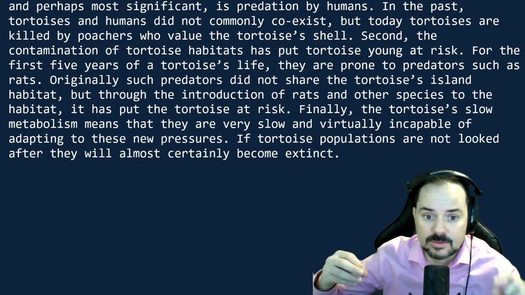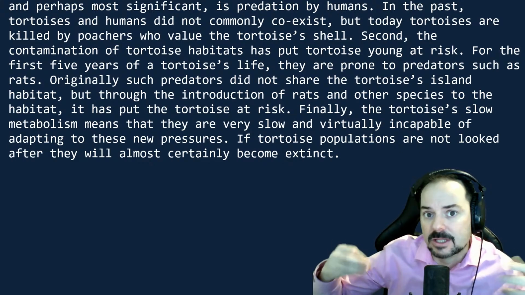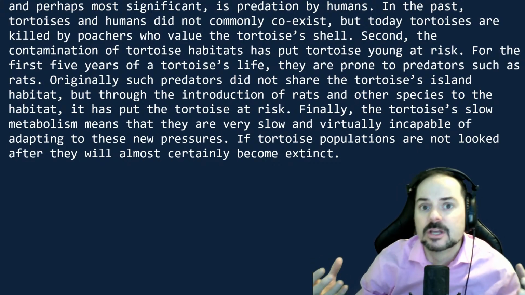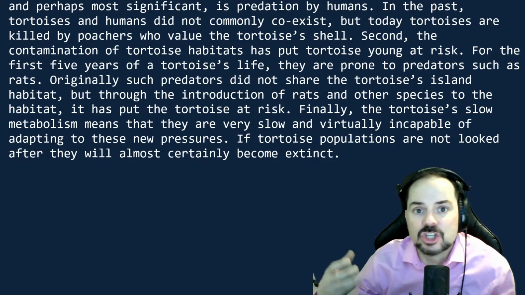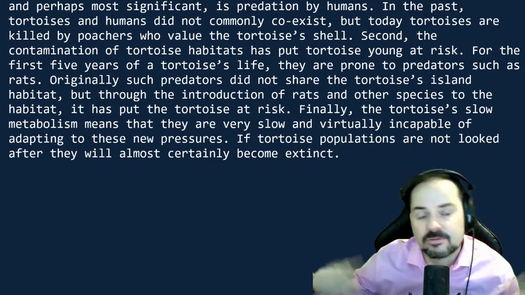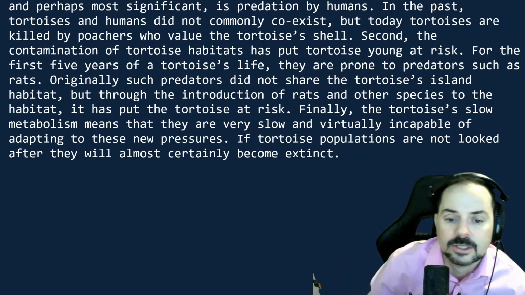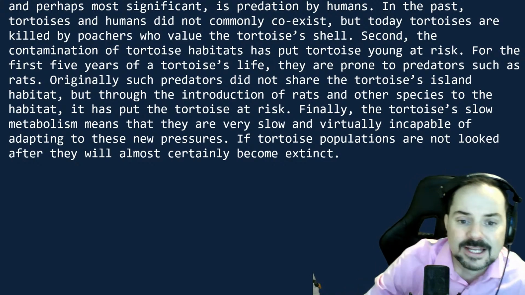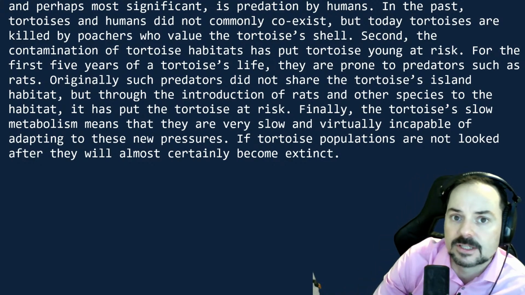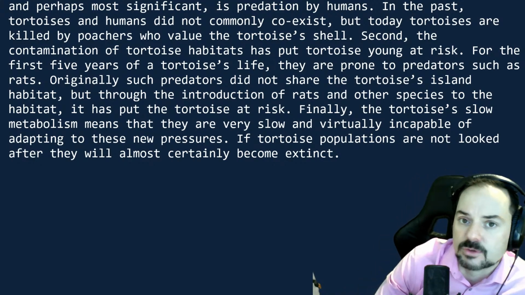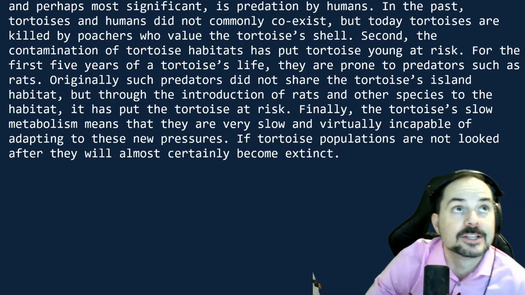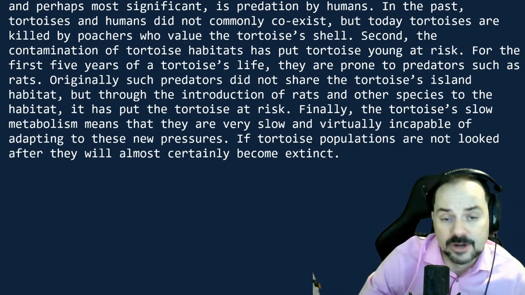So that's that last part there, their inability to change. So the tortoises, because they're so slow, these poor little creatures or big creatures, they can't really change. It's not like they can suddenly run away or fly away to another place, right? So that's it in a one sentence kind of concept, right? So it's the different dangers for the existence of tortoises, including humans, predators, pollution, and so on, right? And their inability to change.